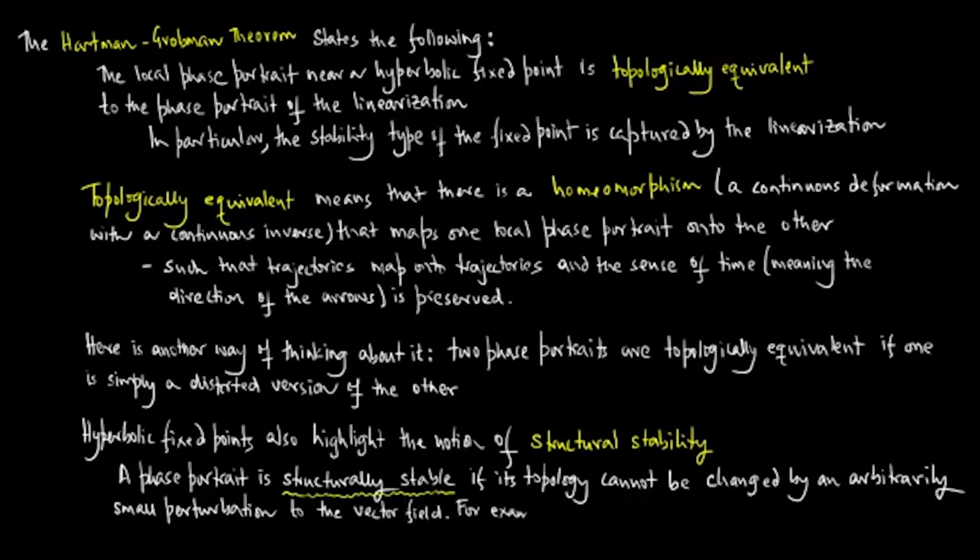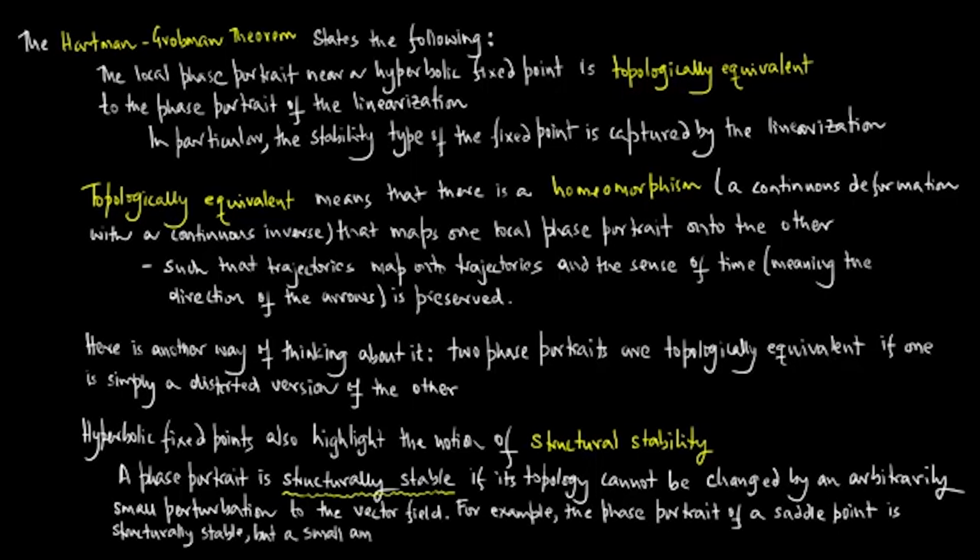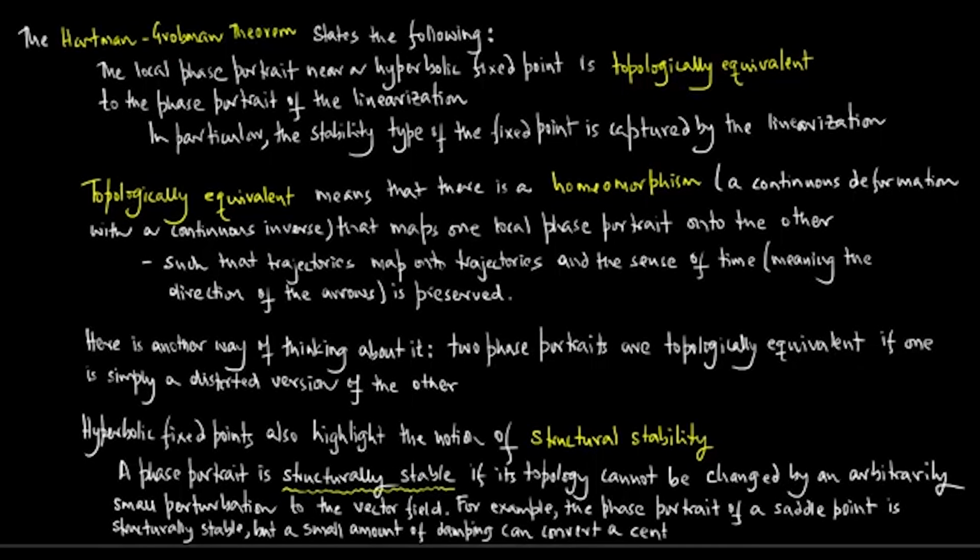For example, the phase portrait of a saddle point is structurally stable, but a small amount of damping can actually convert a center into a spiral.